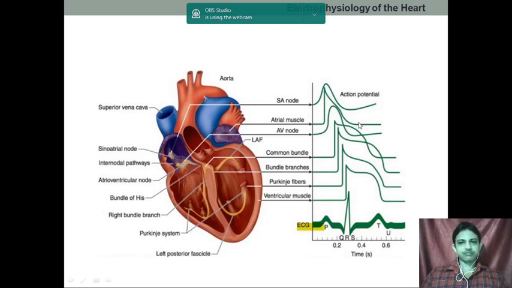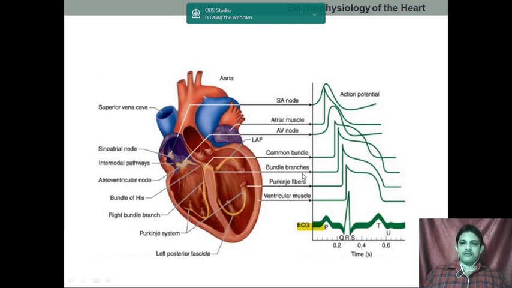In the case of the common bundle, common means the bundle of His before the branching, again very fast depolarization, then it maintains some balance, and then again you can find a slow repolarization.